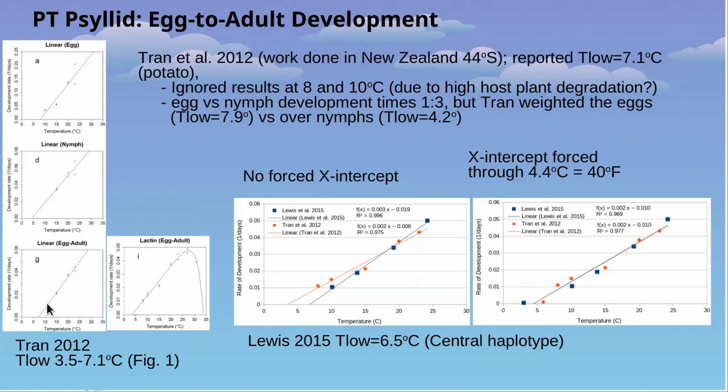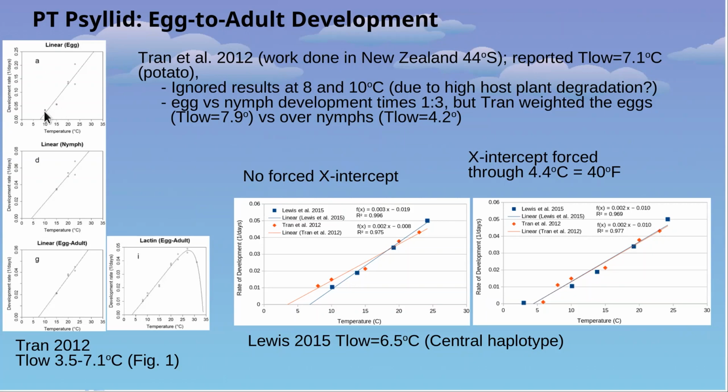I think he explained the reason was that at these low temperatures, the host was degrading, and they were constantly having to move the nymphs onto fresh host material, and this was causing excessive mortality, all of the handling. So they were pretty uncertain about these 2 points, but they left them out.